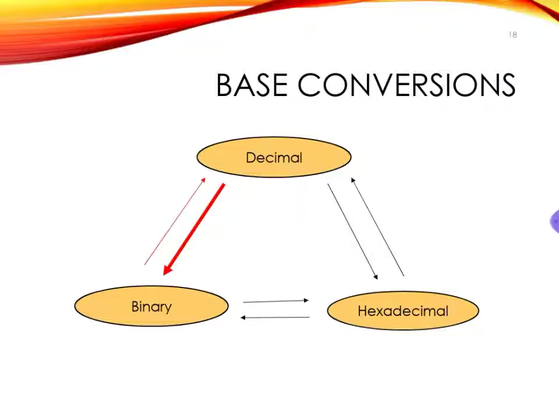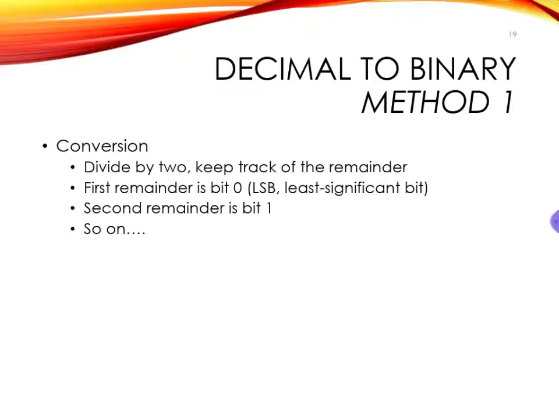So next, we look at the way that we can convert a decimal number into a binary number. Method 1 is where we look at the division approach.